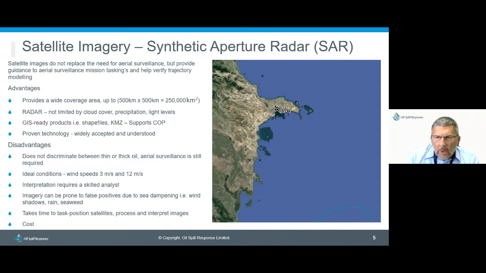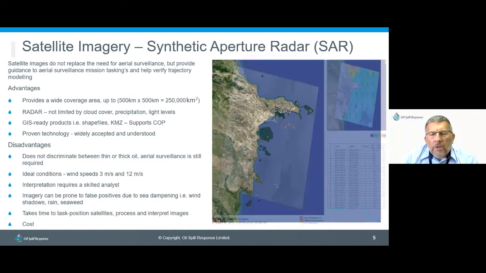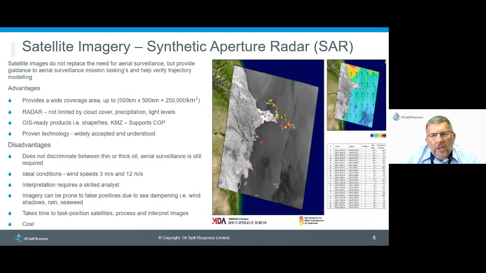If we look on the right hand side here, this image of an area in the Caspian is the sort of image we could get back from satellite. You can see a wide area of coverage, and then some different coloured numbered aspects within the image, which transfer onto different confidence levels.